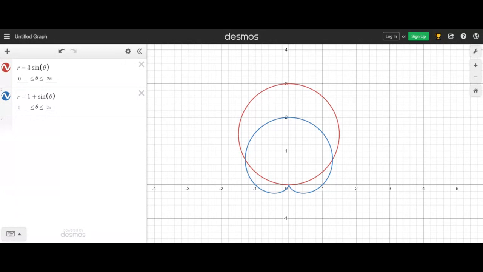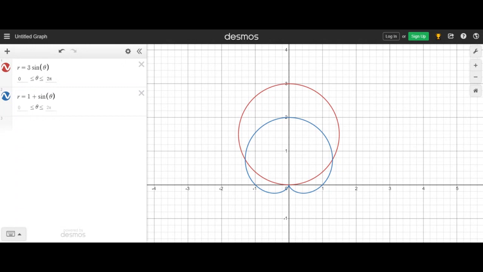and notice now I have theta going from 0 to 2 pi as my domain, so I can graph the polar curves. I want to take this picture, put it on the paper, draw it on the paper, and shade in the region that lies inside that red circle, but outside the blue cardioid.